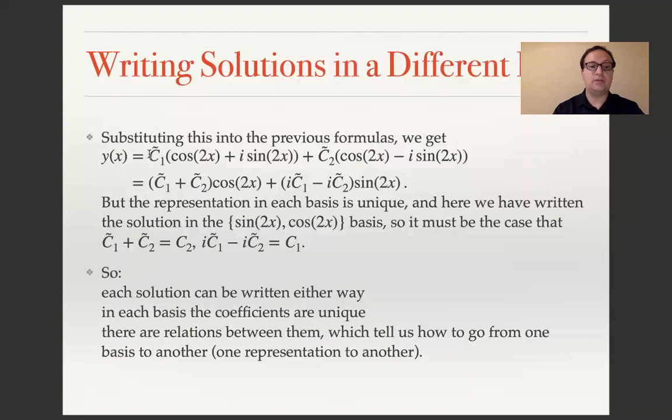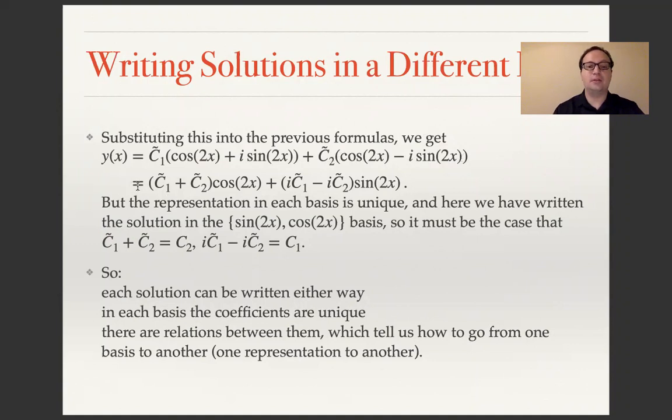So making this substitution, we get that y of x is equal to c1 tilde times cosine of 2x plus i sine of 2x, plus c2 tilde times cosine of 2x minus i sine of 2x.